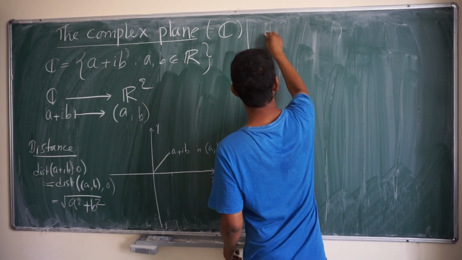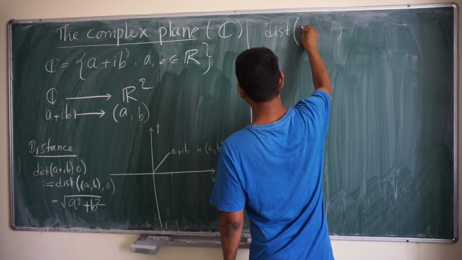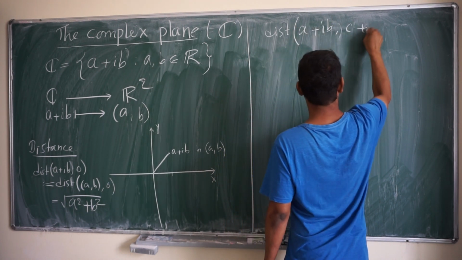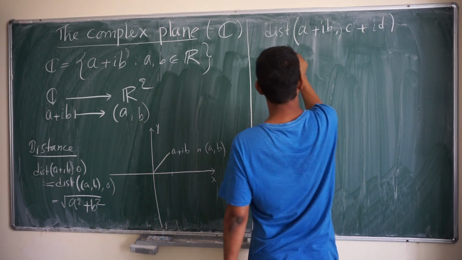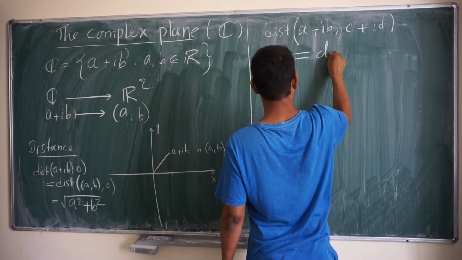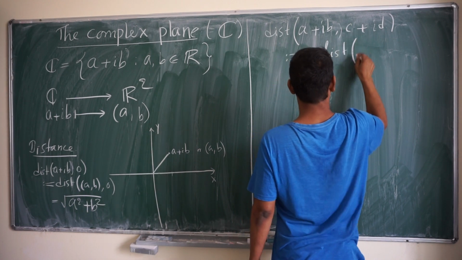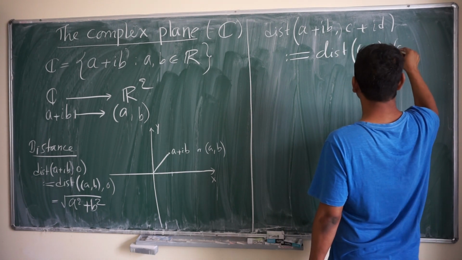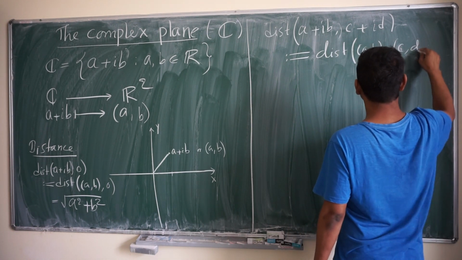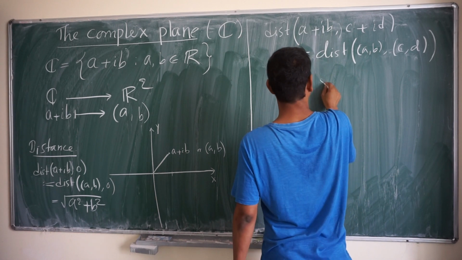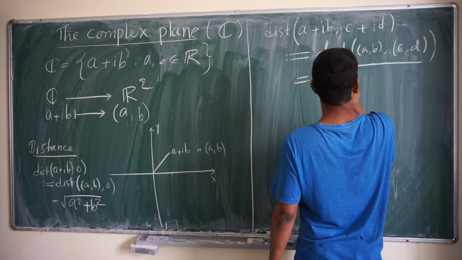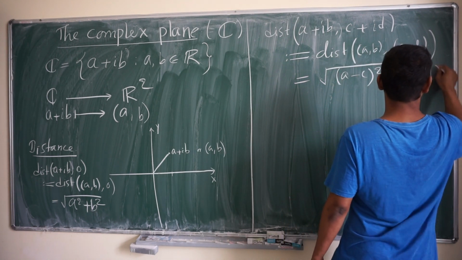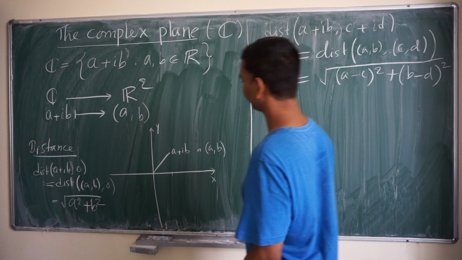Similarly, the distance between two points A plus IB and C plus ID is defined to be the usual distance between (A, B) and (C, D), which we know from coordinate geometry is the square root of (A minus C) square plus (B minus D) square.